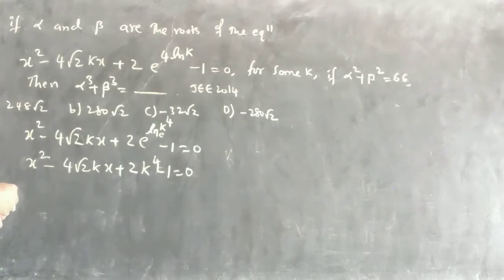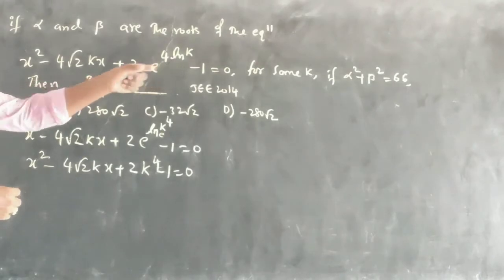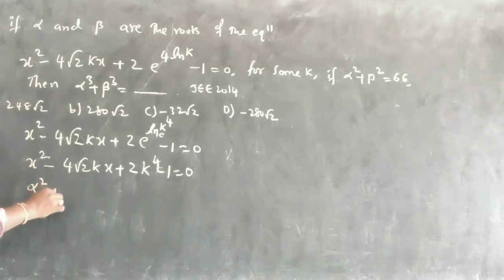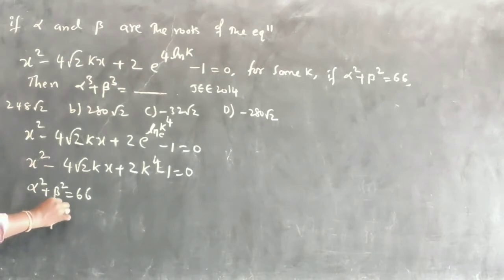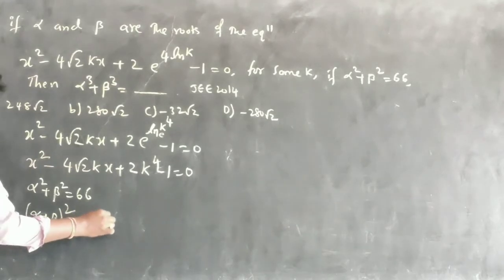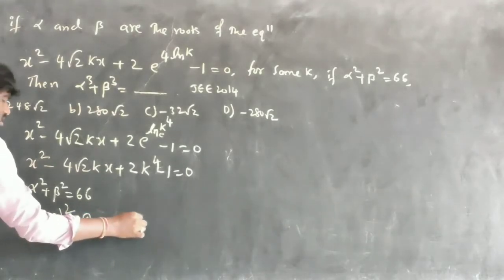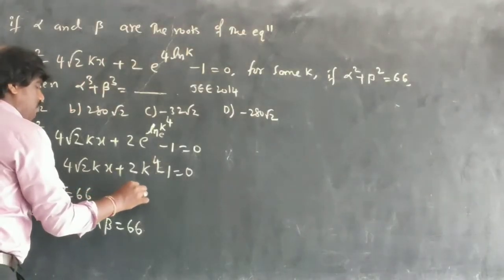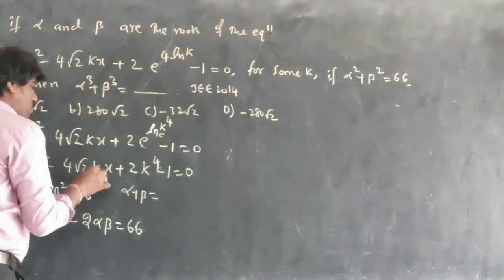Now the given condition is alpha square plus beta square is equal to 66. As I explained in the beginning lectures, this can be expressed as alpha plus beta whole square minus 2 alpha beta is equal to 66. Alpha and beta are the roots of this quadratic equation. So the sum of the roots, alpha plus beta, is equal to minus b by a.